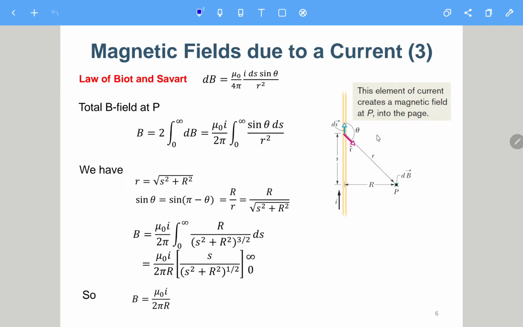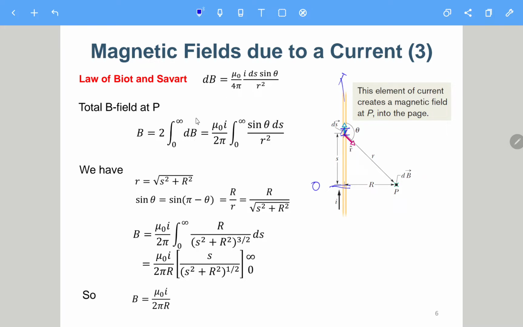Let's pick this point to be the 0 point for this axis, and then this is the ds we concern. This small segment of the current will generate a B field at this point.